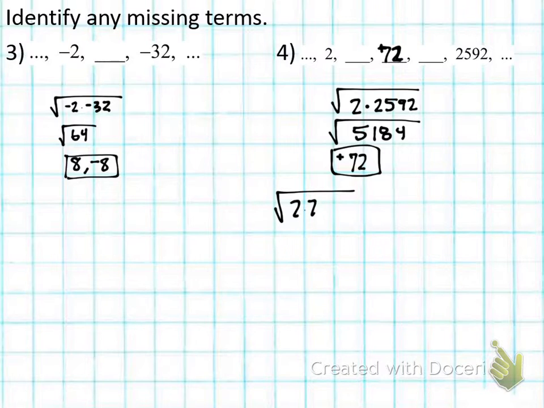Okay, so now we're going to take 2 and 72 and multiply them together to get these 2, right? Yep. 2 times 72 is 144. That's a nice number, right?